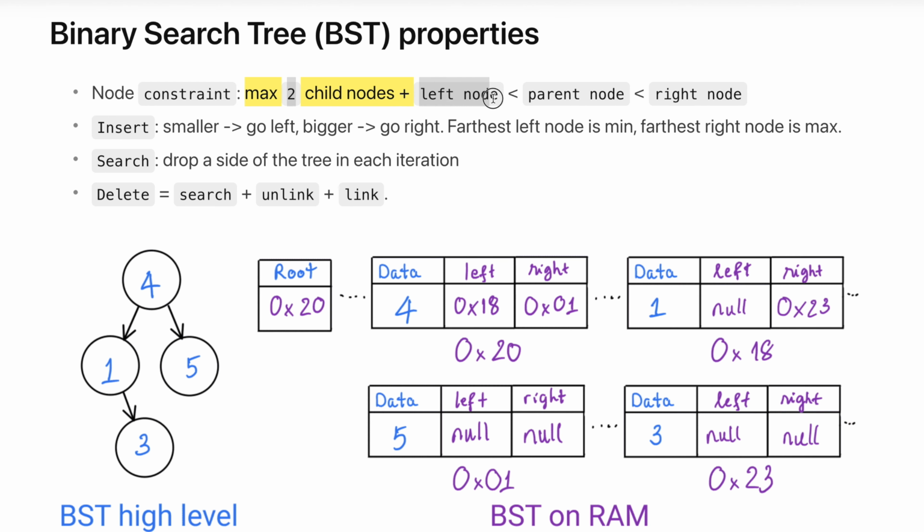Now our rules right here are gonna give us a very interesting property when we do search operation. That is, when we search for a node, we drop a side of the tree in each iteration. Let's say that we want to search for 3. We start at root node 4. And because 3 is smaller than 4, we know that all the nodes on the left side of 4 are smaller than 4. So we're gonna go left.